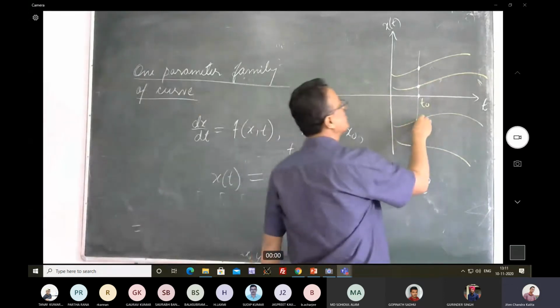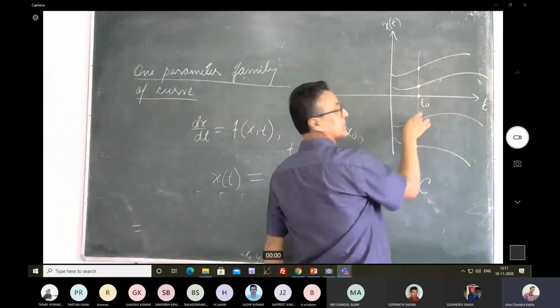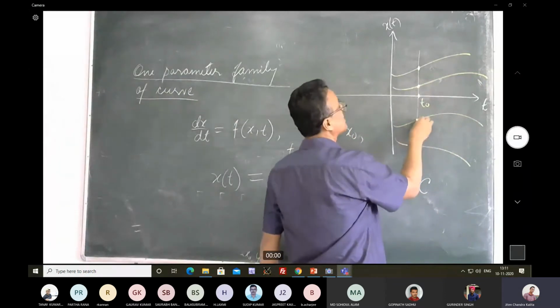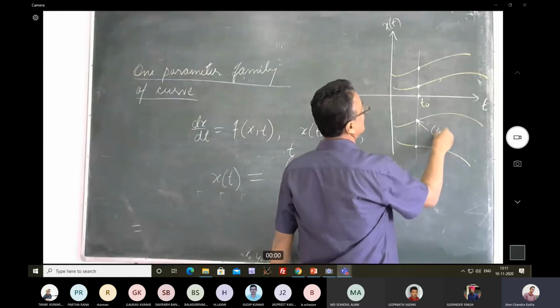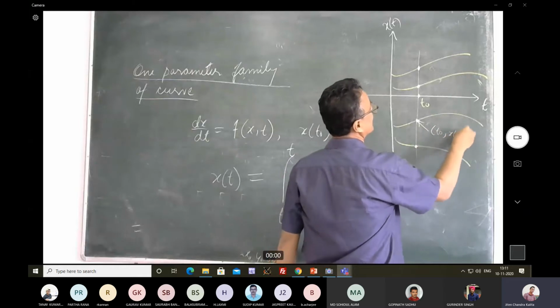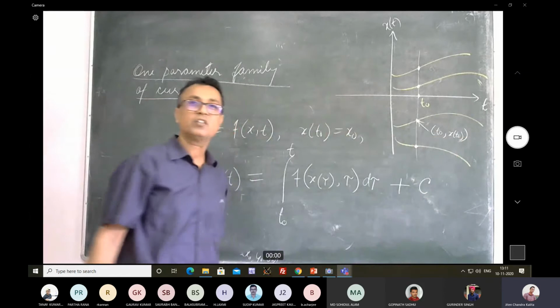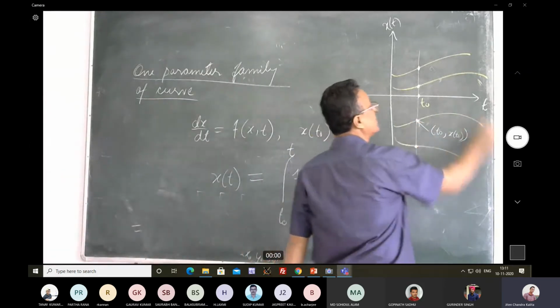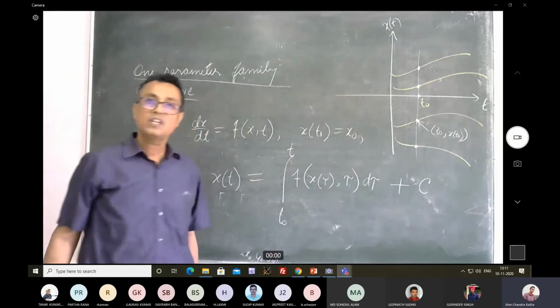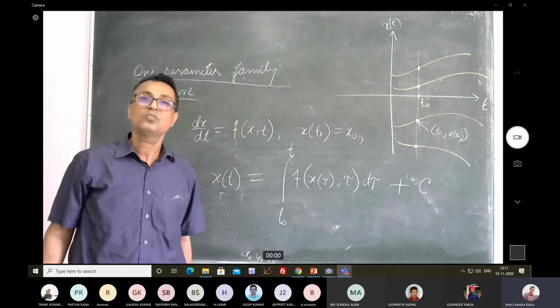The initial conditions will be given by this, because for a particular curve, suppose this is the initial condition. So this is simply going to be (t0, x(t0)), and that is going to give you the initial condition here. And so this is going to be the solution curve passing through that point.